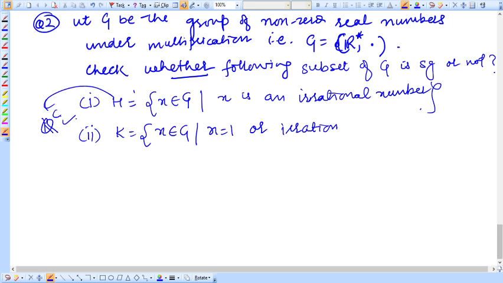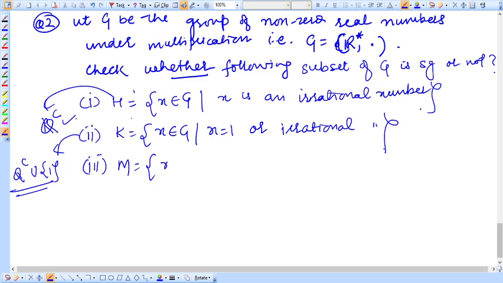It is nothing but the union of irrational numbers and 1. 1 is the only extra element in this, except irrational numbers. And third is M equal to X belonging to G such that X is greater than or equal to 1.